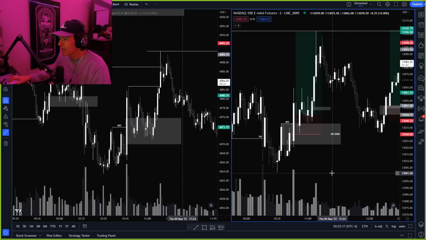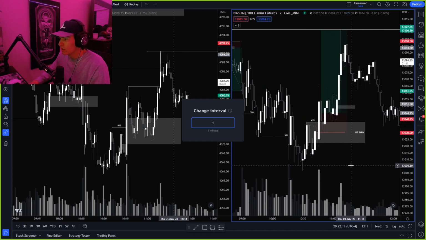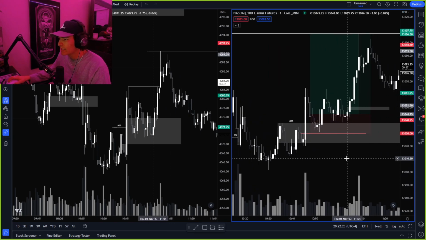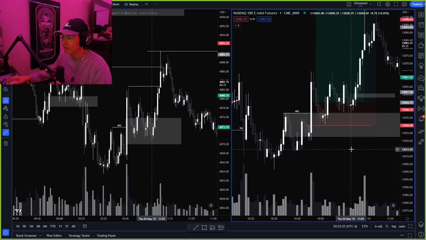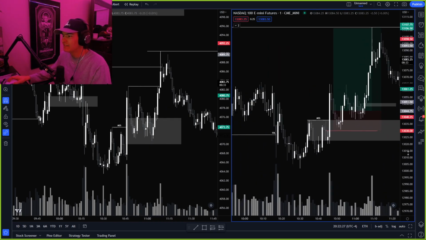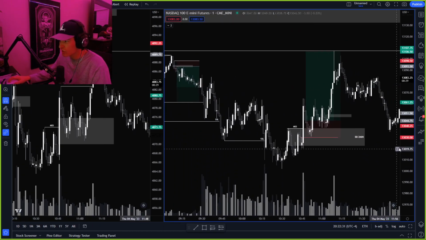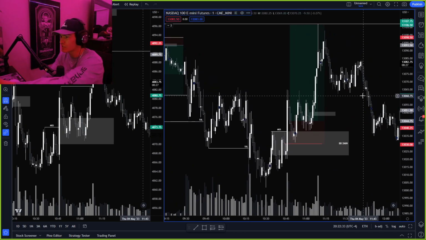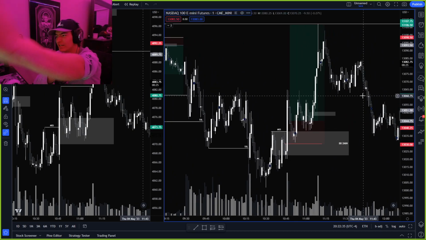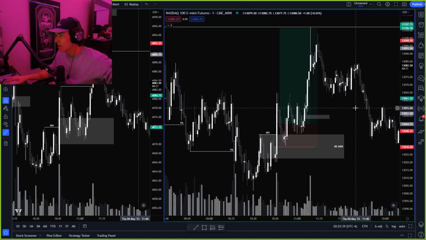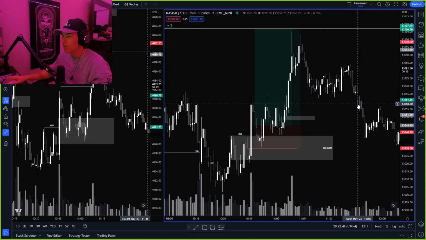So looking at NQ, going to the 1 minute, I wait for a pullback. Now, I should have waited for a pullback into the breaker block. I was a little bit too risky on this trade, and not risky as in position size, but I did not position my average entry price well for the specific trade.